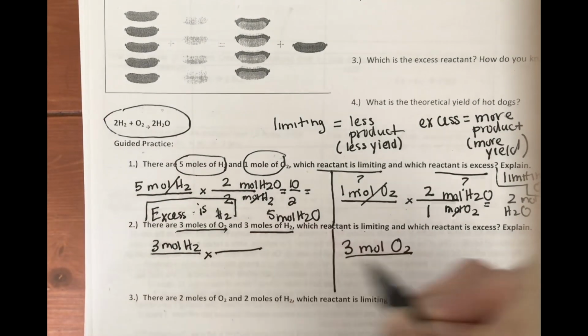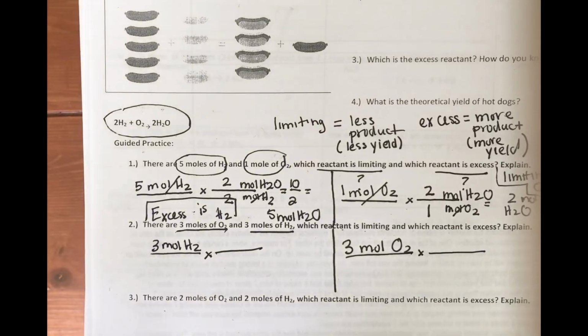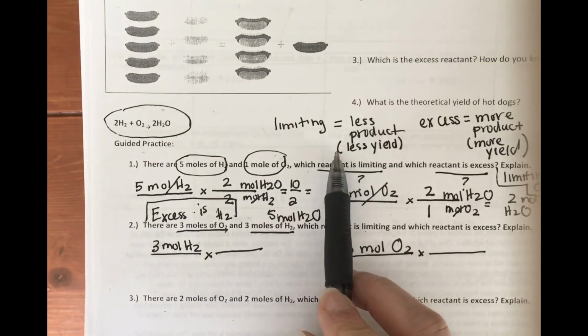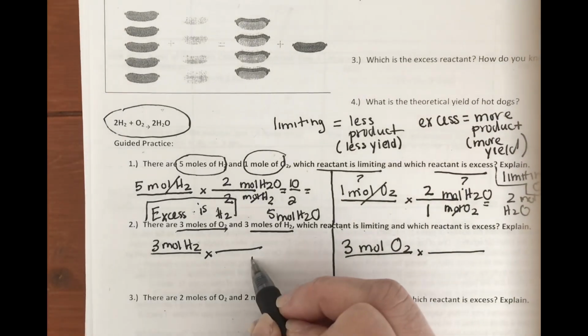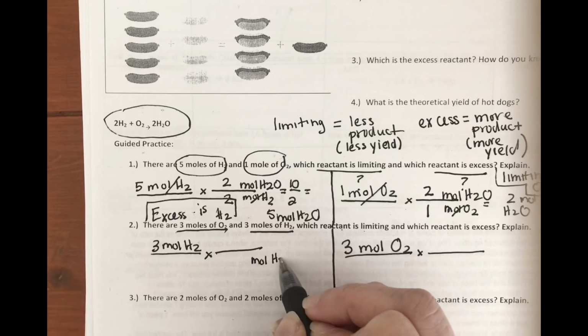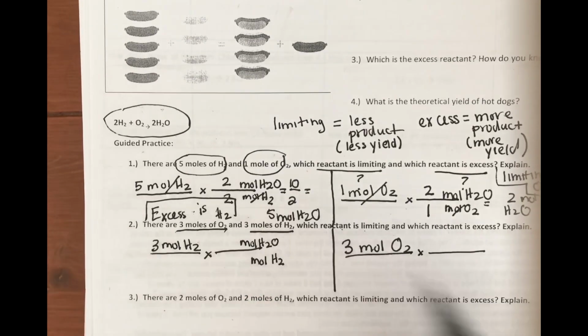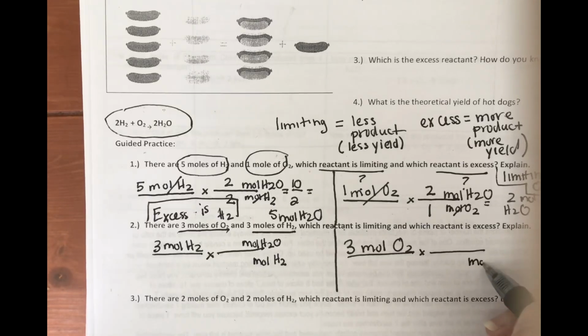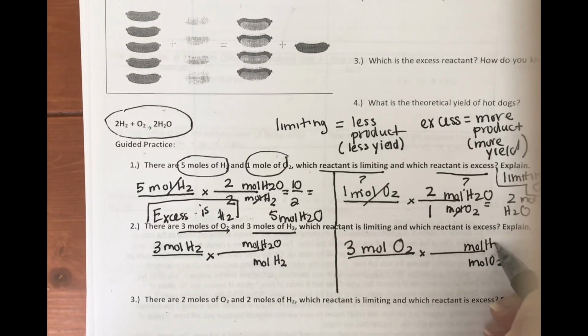And again, we're going to figure out which one is limiting by seeing which one makes less product. Less product is limiting, more product is excess. So I put my moles of H2 at the bottom and moles of H2O at the top. Moles of O2 at the bottom, moles of H2O at the top.